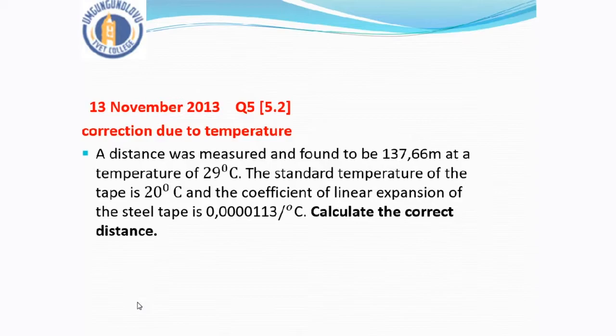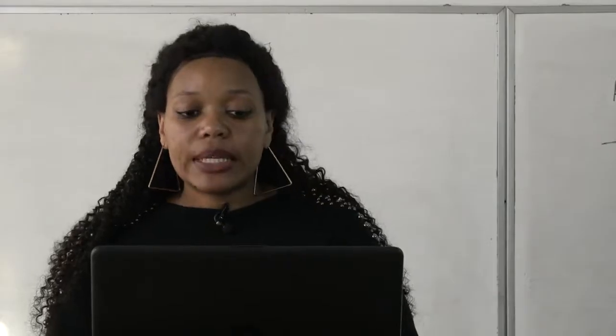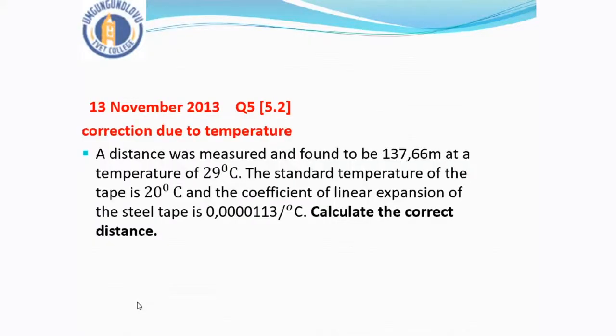Okay, let us go to 13 November 2013, question 5, question number 5.2. A distance was measured and found to be 137.66 meters at a temperature of 29 degrees Celsius.